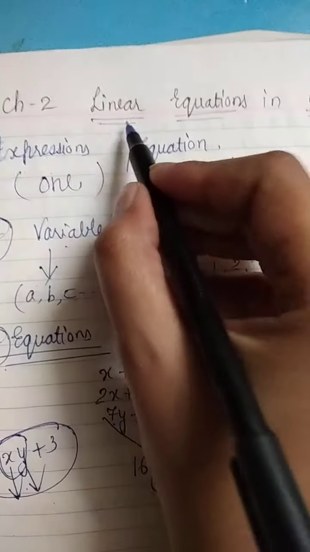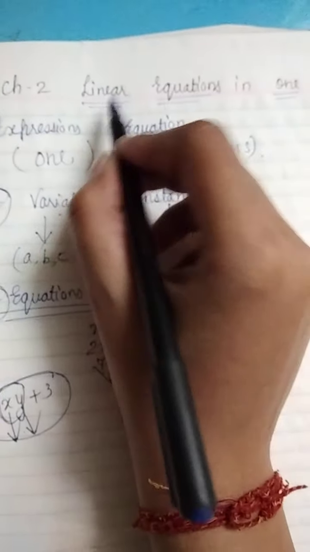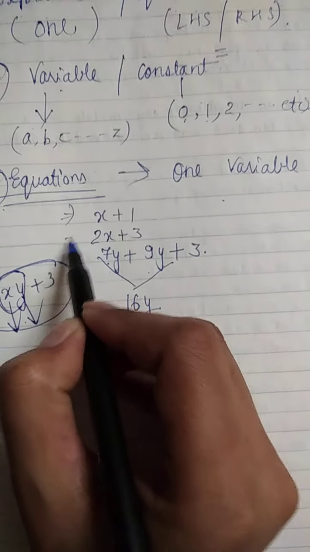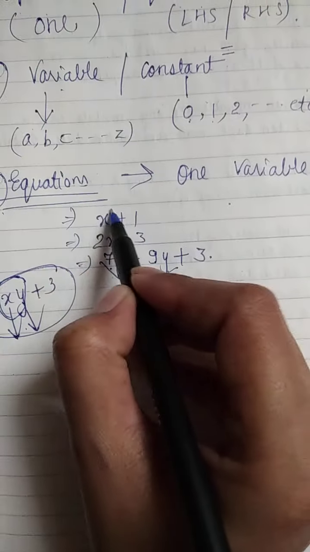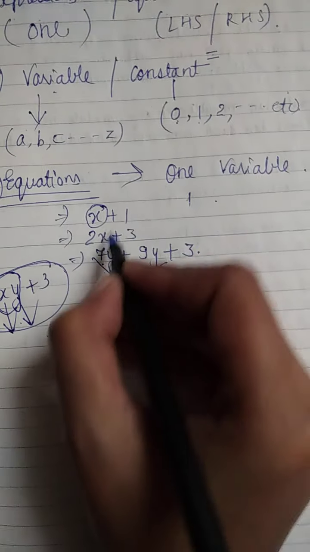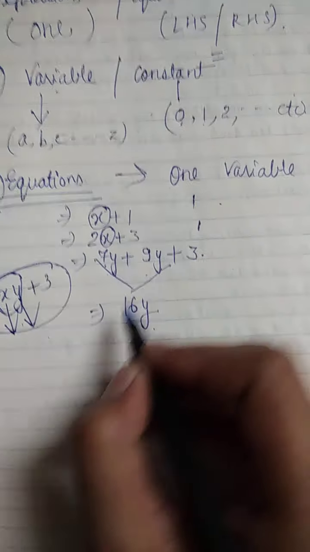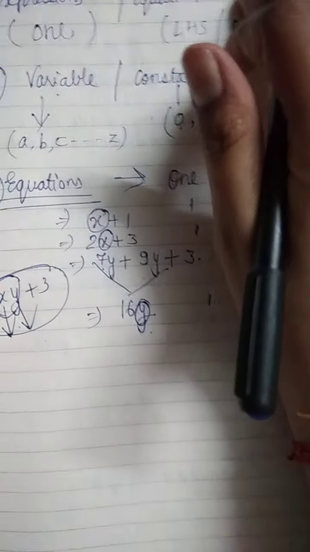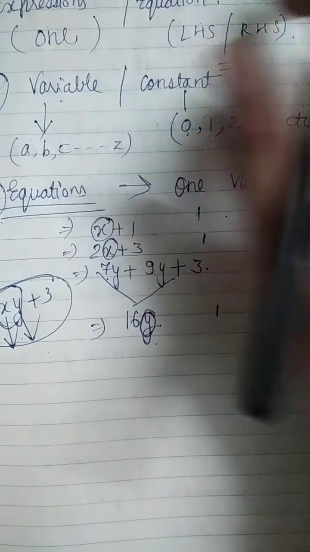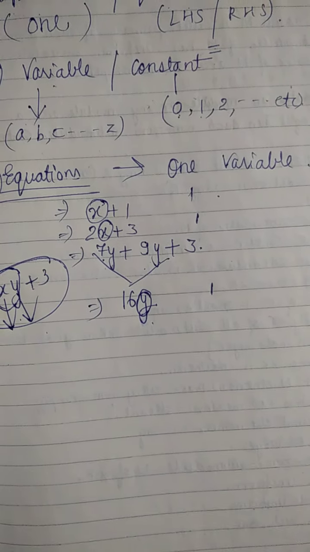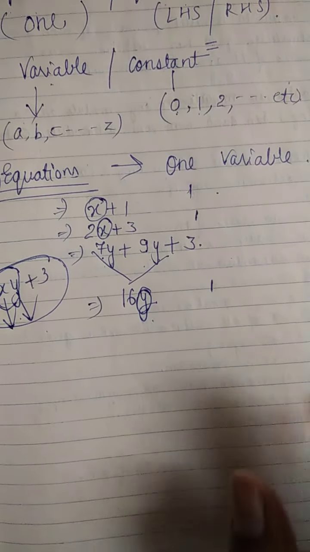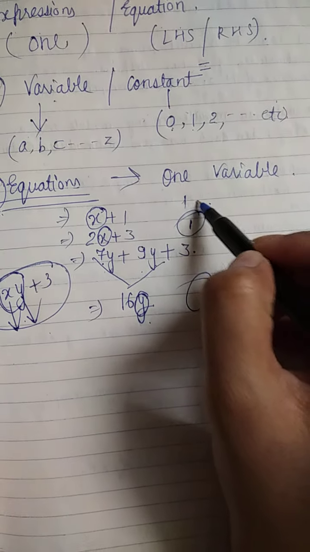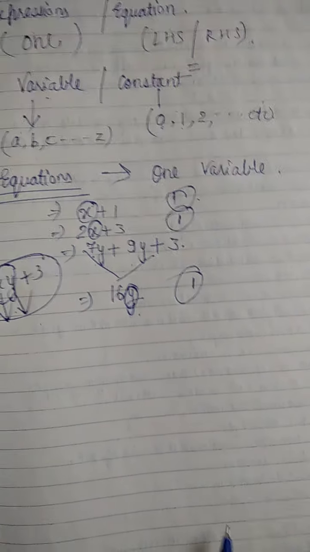And one more thing is there, linear equation. As you can see in the given example, here x power is 1, here x power is 1, here y power is 1. So linear equation means the highest power of the variable appearing in the expression is 1.